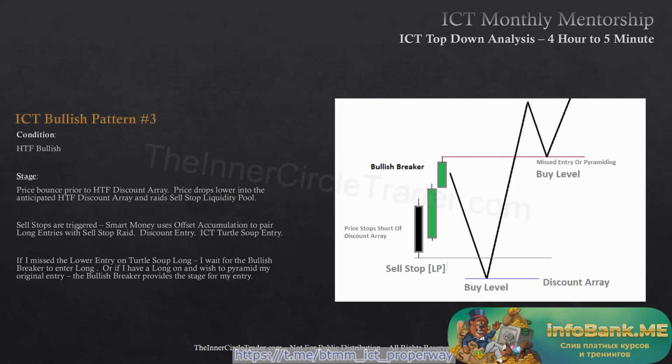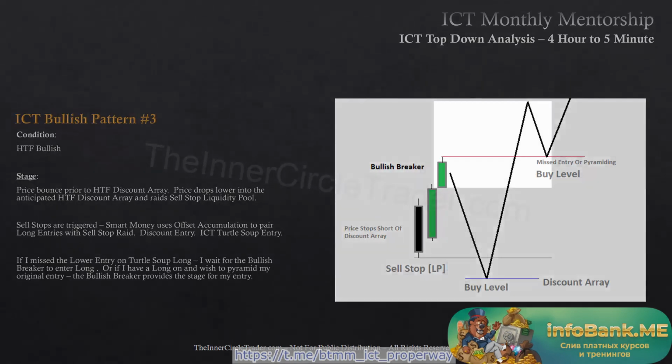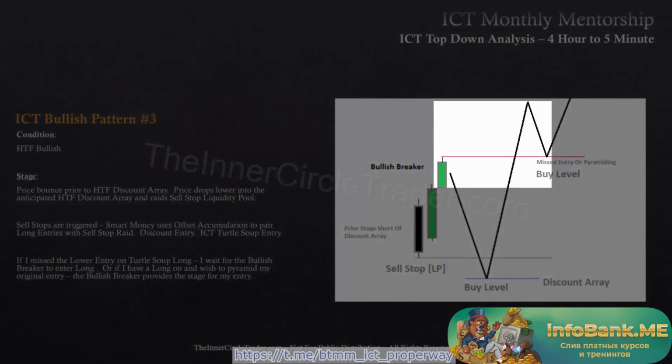Now, in that impulse leg from where it says buy level up to the high and it pulls back down into the missed entry or pyramiding, that impulse leg right inside that upper portion of it as it trades from the bullish breaker, there's going to be a portion of price action in the lower time frame. So this is a 4-hour chart or an hourly chart.